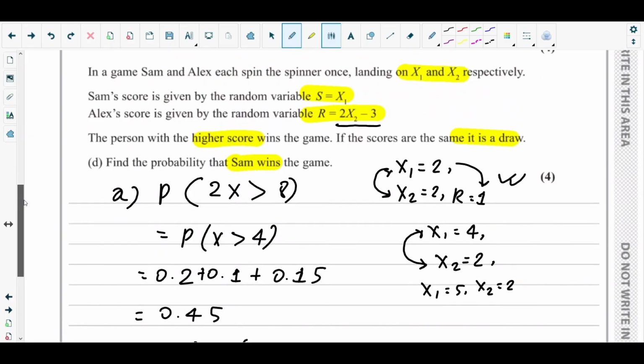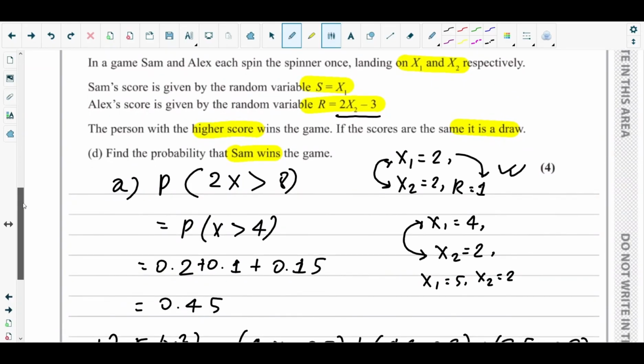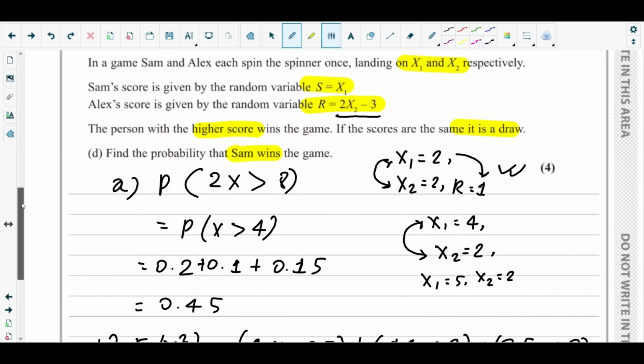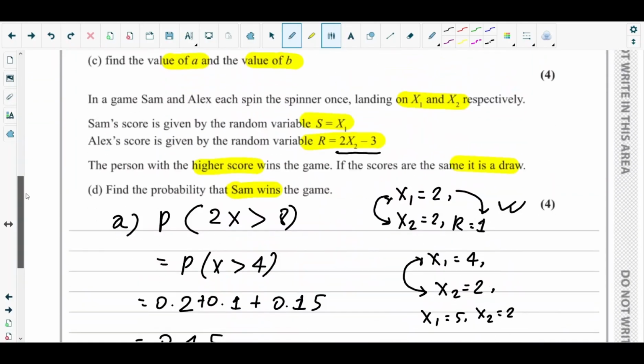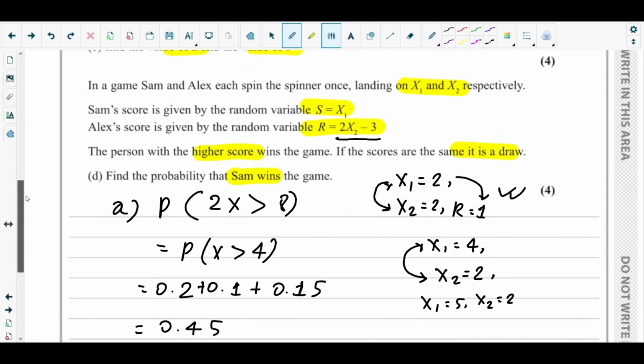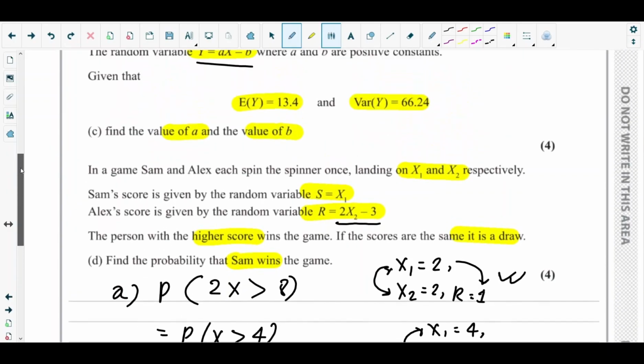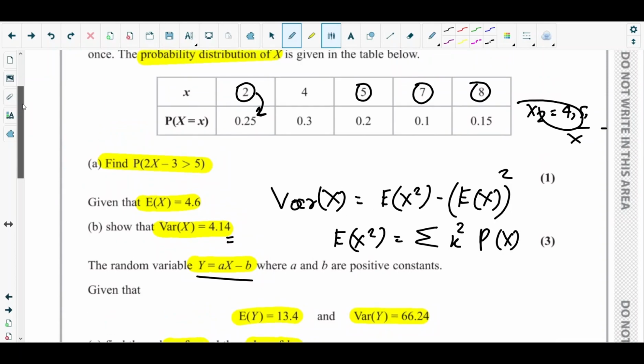But if you consider x2 to be 4, 4 times 2, that is 8, minus 3, it becomes equal. It becomes a draw. So x2 equals 4 is also not acceptable. We got another combination: x1 should be 5, x2 should be 2. We need to separately find out the combinations.